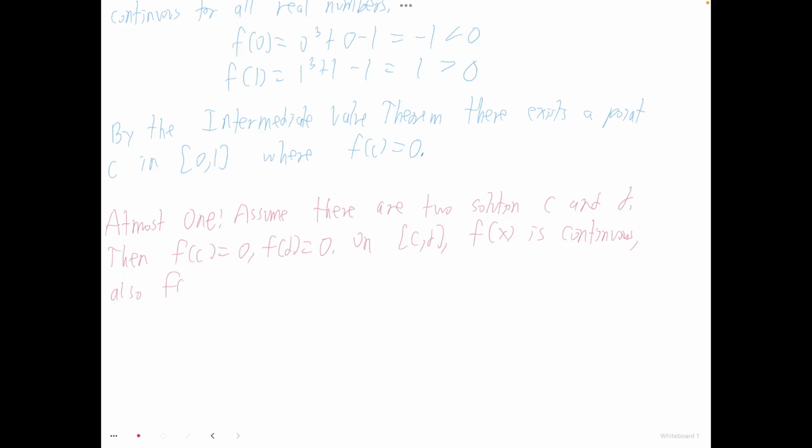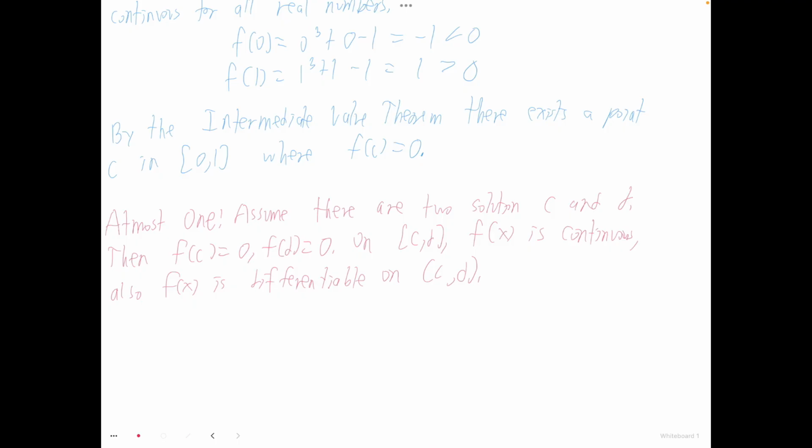Also, f of x is differentiable on the open interval c to d. Once again, polynomials are differentiable everywhere, so the fact I'm saying from c to d it's differentiable is not saying anything. I'm just using the fact that it's always differentiable.